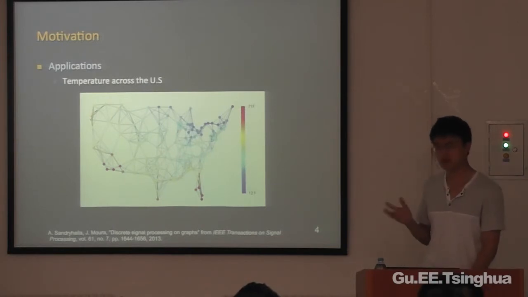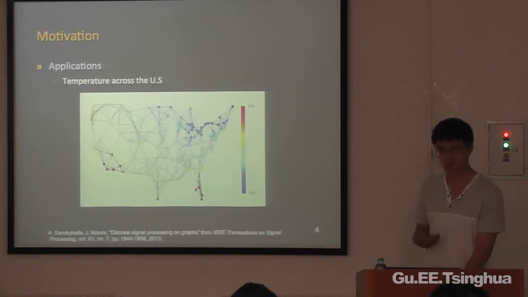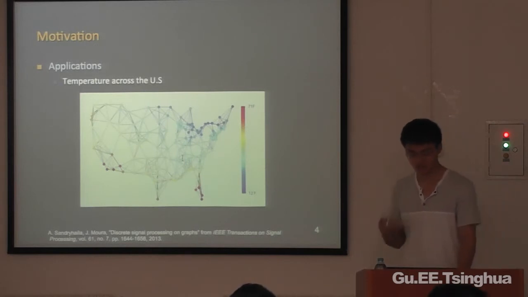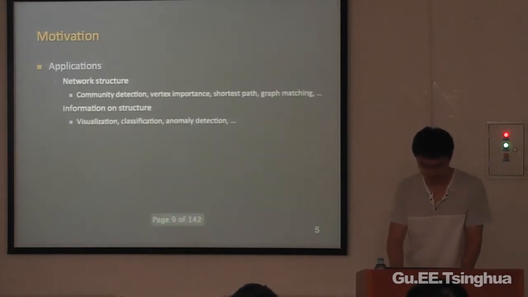So when we get those signals, or this data, we can assume there's some irregular structure behind this data, and we are interested in analyzing and processing it. It's very different from time series or images, which have a very regular structure behind them. But here we don't have that kind of structure, so we need some new techniques to process it.